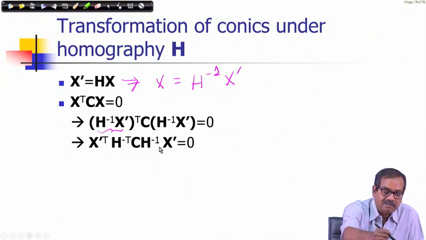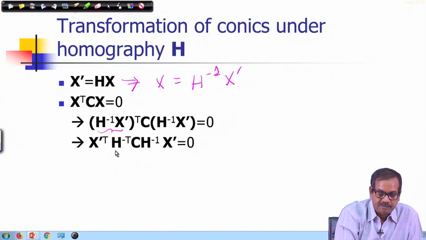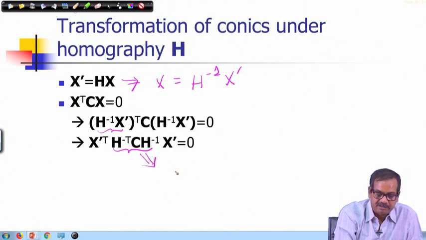So, you can see here there is a quantity H minus T C H inverse. It is a composite matrix multiplication, it will provide you another matrix, and let me write this matrix as C prime.